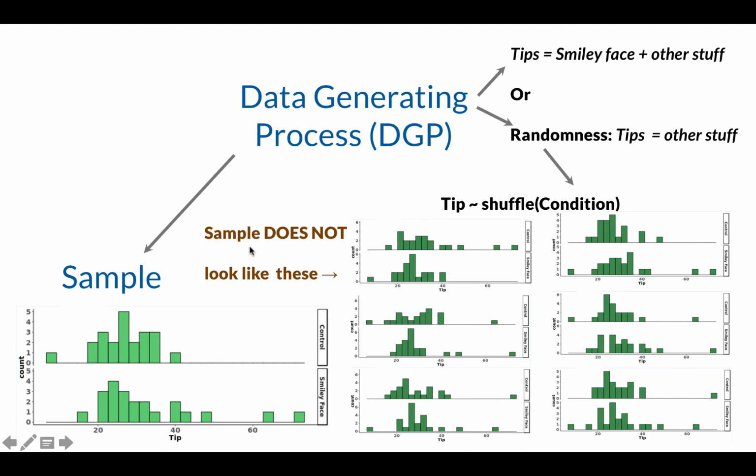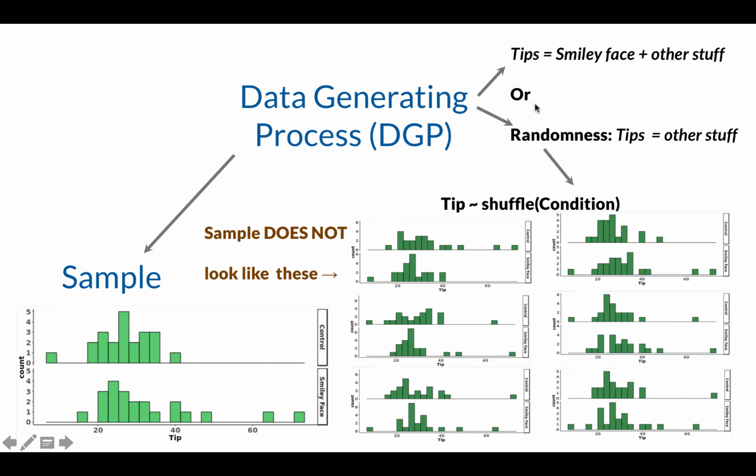Right? Let's say that the sample does not look like these. If the sample does not look like these, and we know that these were made from this data generating process, we might say, oh, this sample is really different from these brethren. And so instead, we're going to rule out randomness as the possible data generating process that generated this sample.